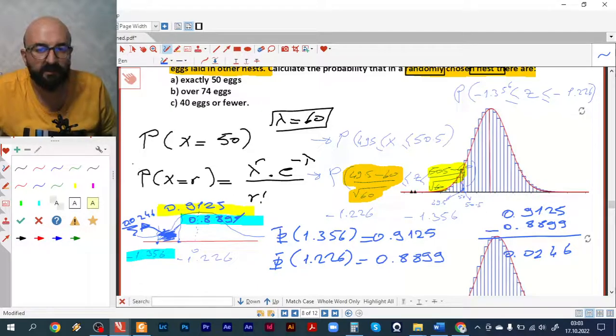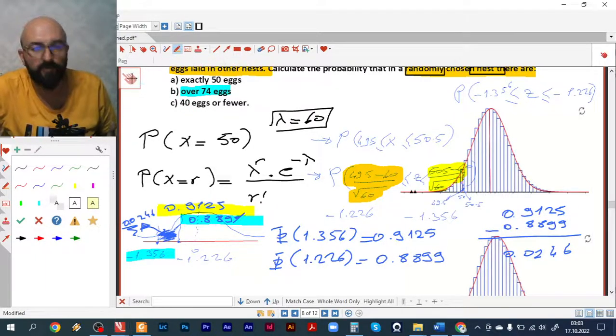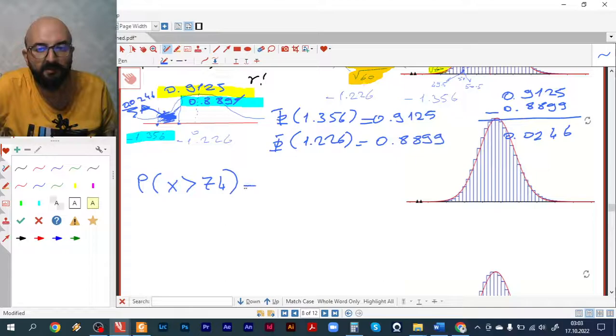Now the other question. The other question is over 74x. Over 74x means x greater than 74, and it means the probability of x = 75 plus the probability of x = 76 plus ... to infinity.